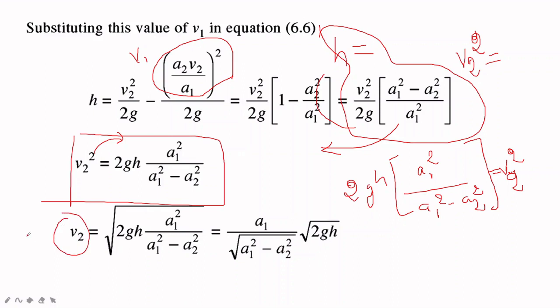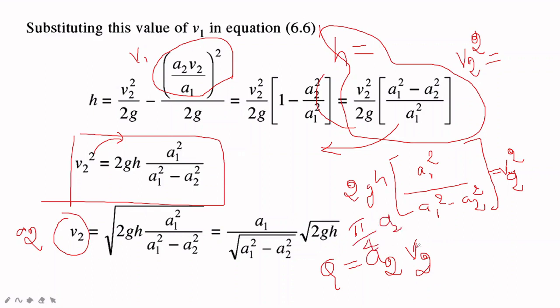I also know the value of a2. So what we need is the discharge. So q is equal to a2 into v2 is the discharge. a2 I can get by pi by 4 into d2 square.